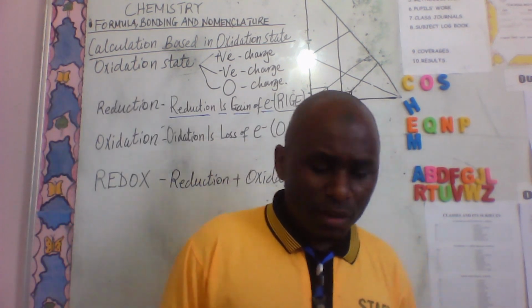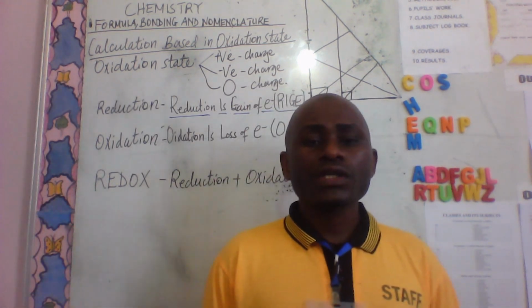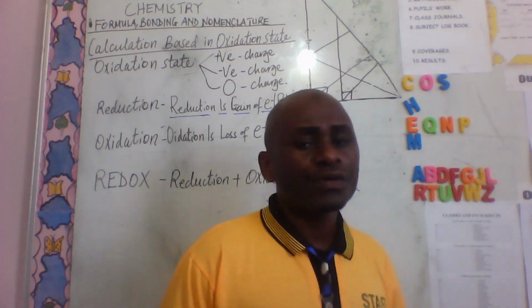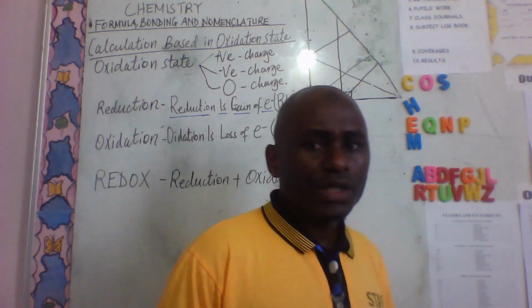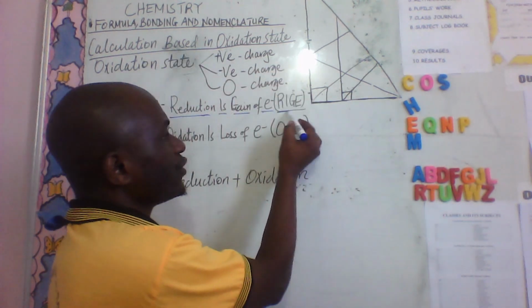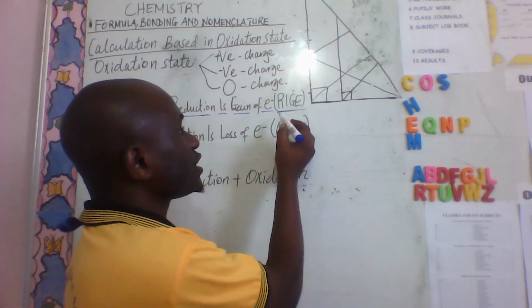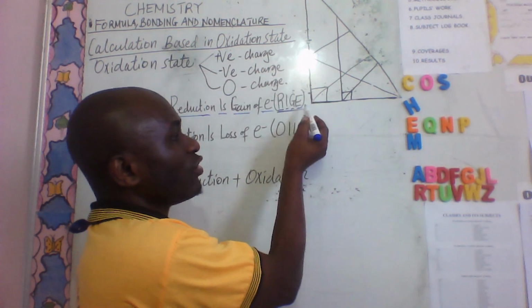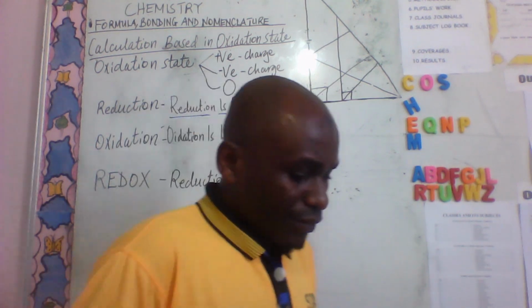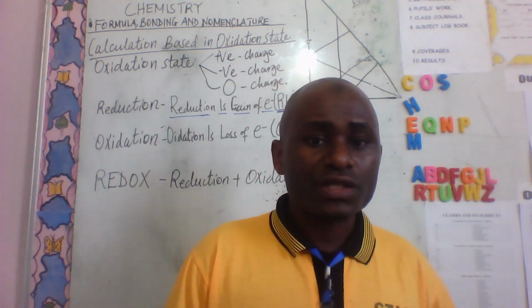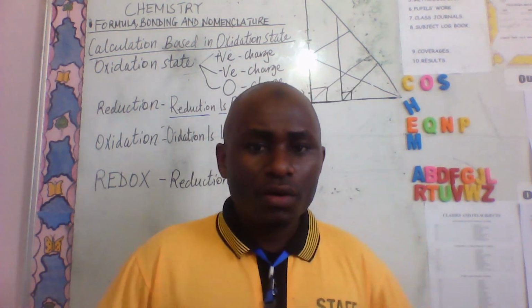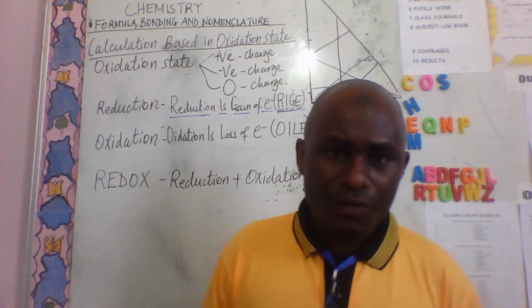A mnemonic device which can be very helpful for you to recall the concept, particularly reduction, is the word RIG, meaning that reduction is gain of electrons. That is a shorthand on how to remember the concept of reduction.